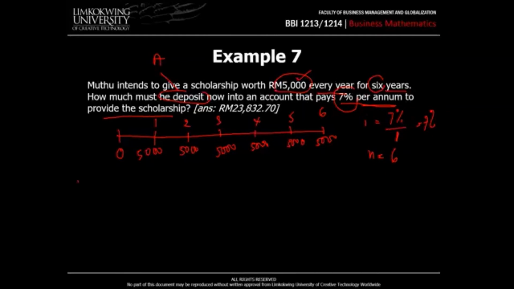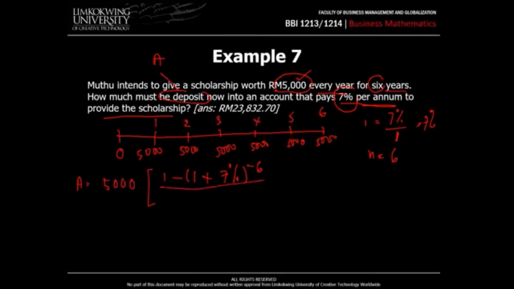So just use the formula A equal to R. The value of R is 5,000. Then 1 minus 1 plus I, which is 7%, the index of negative how many? Negative N, 6.